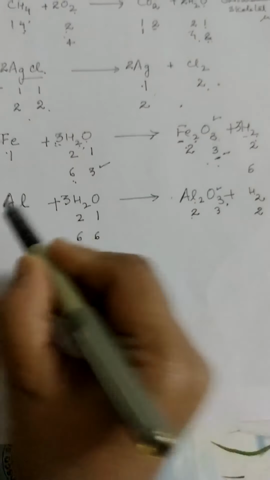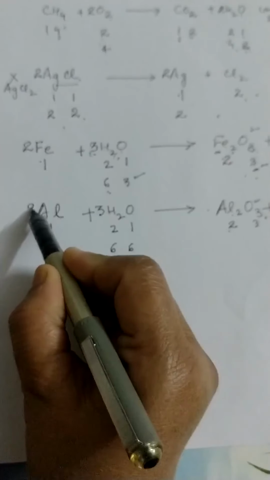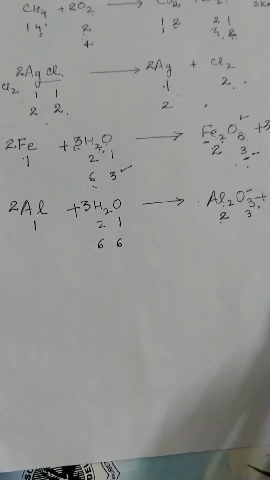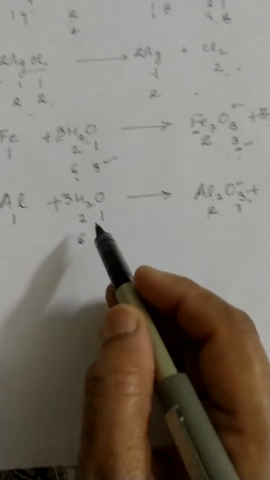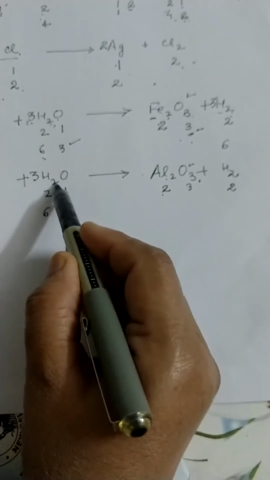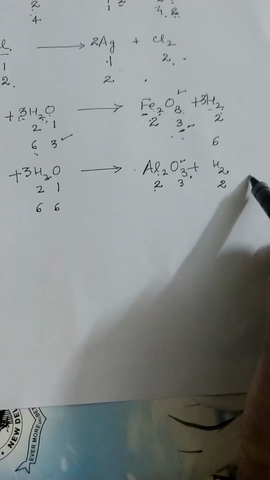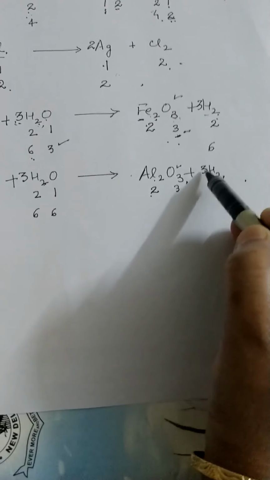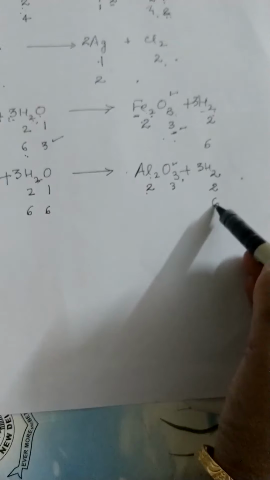Aluminium 2 atoms. To balance it, on the reactant side I will make 2 aluminium. Now if you check hydrogen, hydrogen has become 6. Here hydrogen is 2. I will write 3 here and it becomes 6.